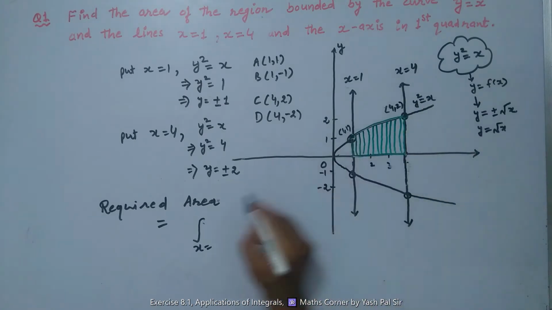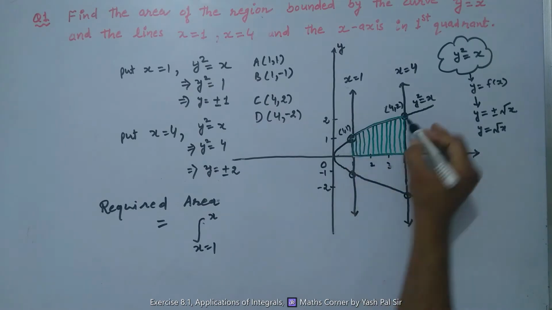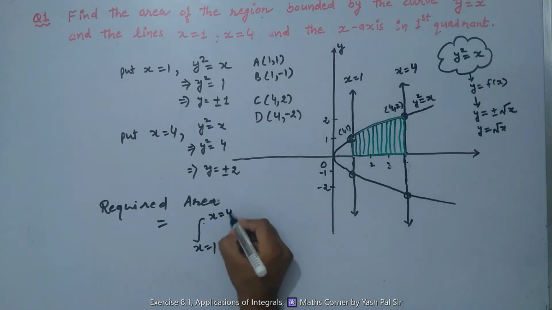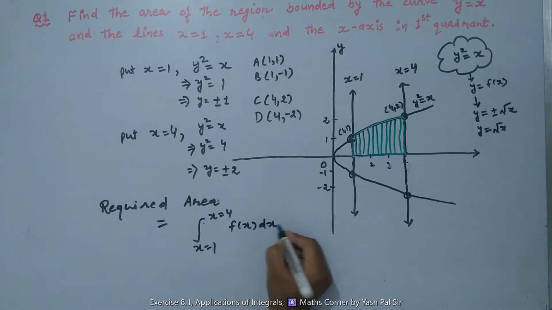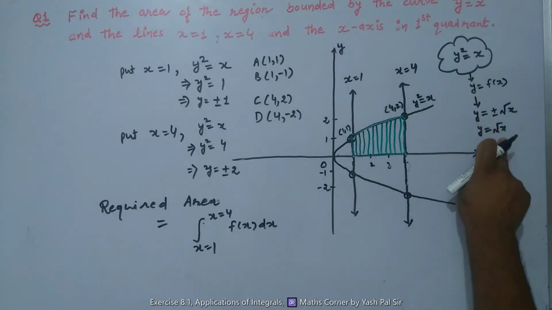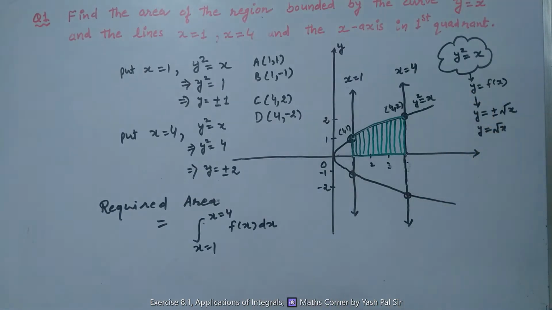So x is 1 to, starting from here up to this point. Here x is 4. Integral of f of x into dx. Now f of x here is square root of x. So writing this equal to integral from 1 to 4 of square root of x into dx.